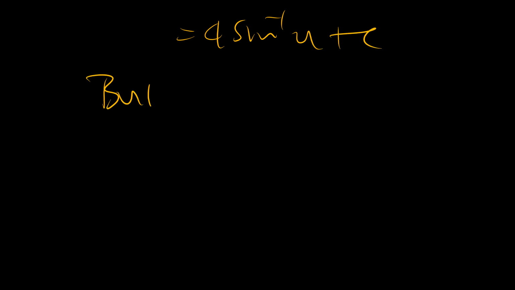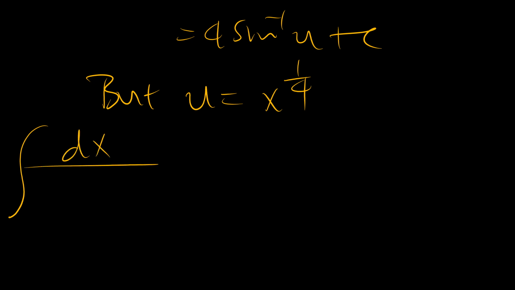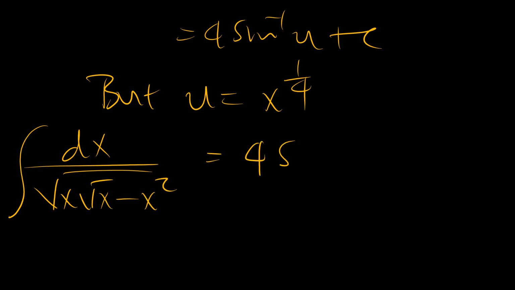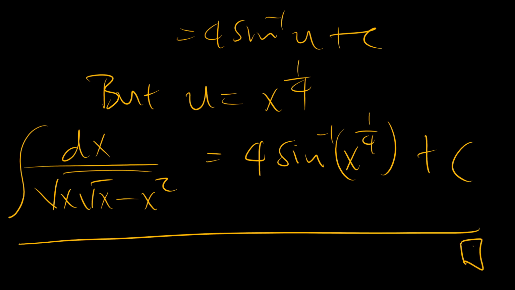But u was set to x to the power quarter, so in other words, our problem, 1 over square root of x times the square root of x minus x squared, is equal to 4 arc sine of x to the power quarter plus the integration constant, and that is our answer.